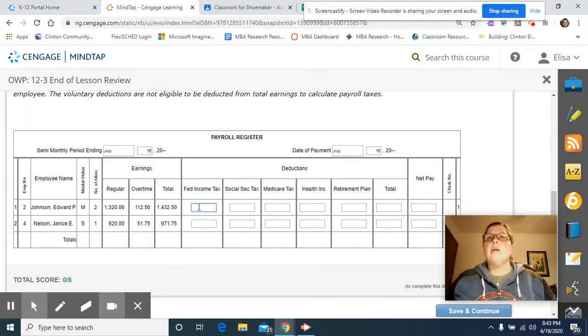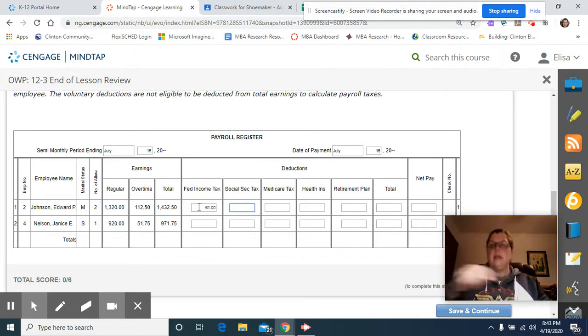He's married, and he's got the number of allowances as 2. We are going to look for 1432.50, and he's got 2 allowances, so it looks like that should be $61 for his federal income tax withheld. And then Social Security tax is again that $1432.50.